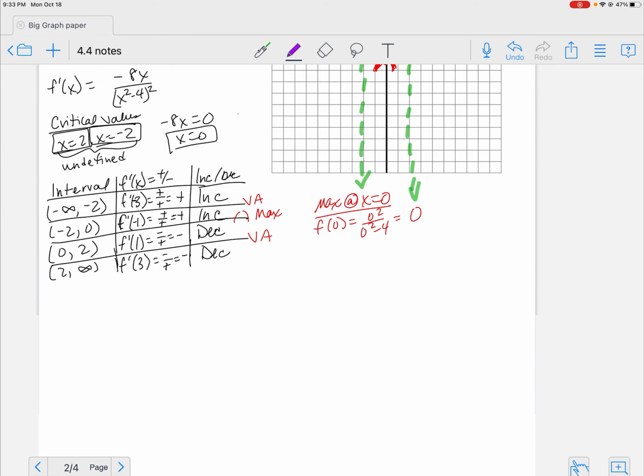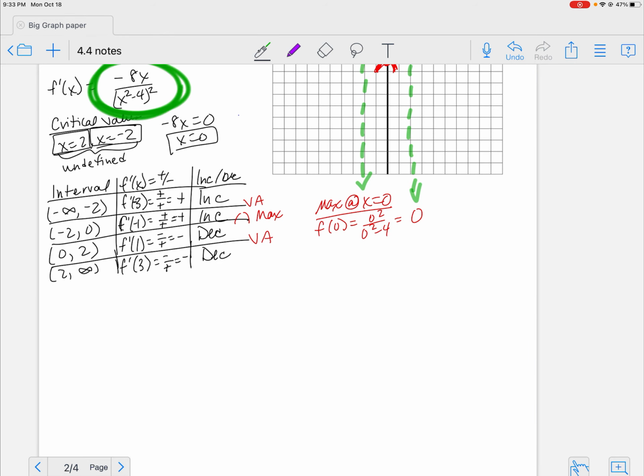So from my first derivative, which right here is good, I'm going to do a second derivative. I have this big graph paper uploaded in the course. I would highly recommend you using that because that is super helpful.